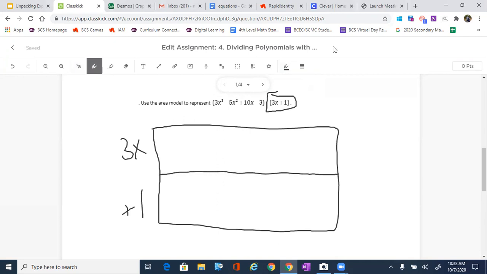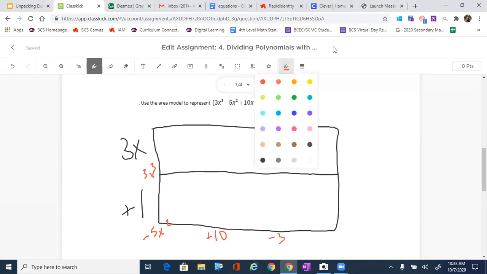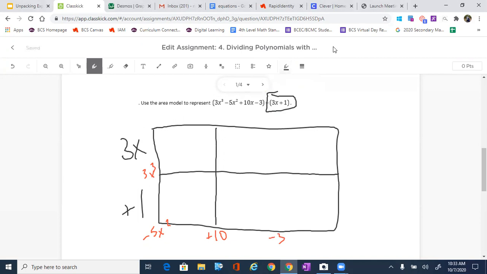After I do that, I take the polynomial we are dividing and run it along the sides of the area model. Once I run out at the corner, I leave some space and spread them out so I can draw some extra lines down from the top of the box to the bottom of the box. And I need to add an x to this right there.